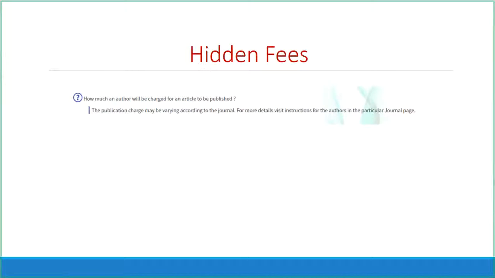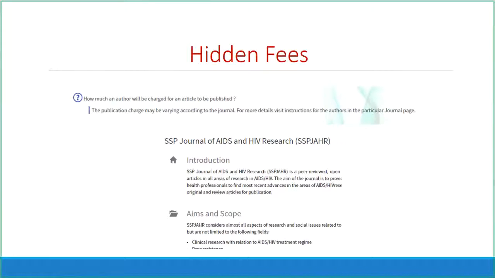Speaking of how much you're paying, you really want to look out for hidden fees. So most open access journals do have author fees. That does not make them predatory. However, here we have the SSP Journal of AIDS and HIV Research. And there's a question, how much will an author be charged for an article to be published?